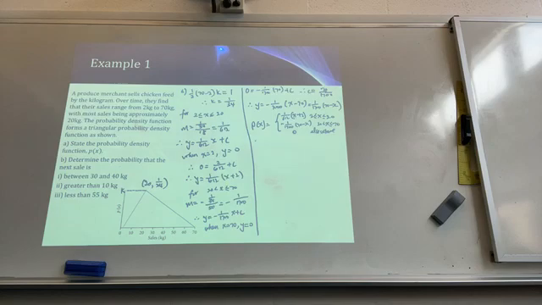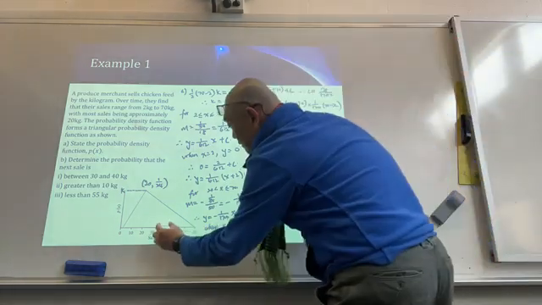From there, you should be able to work out your probability. So if you're working out the probability between 30 and 40, it's here.